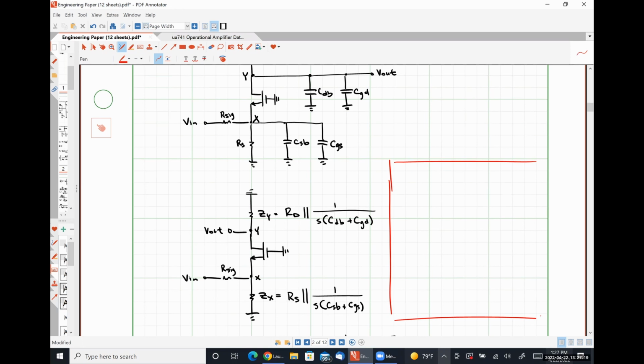So let's look at node X. What's the capacitance connected to node X? CSB in parallel with CGS. So between node X and ground, CSB in parallel with CGS.